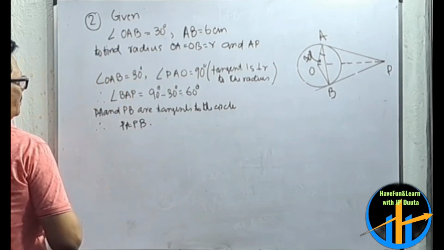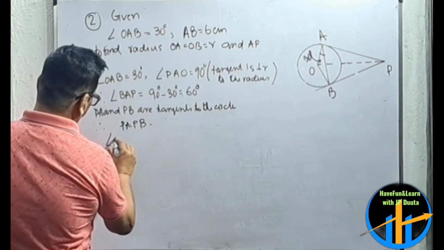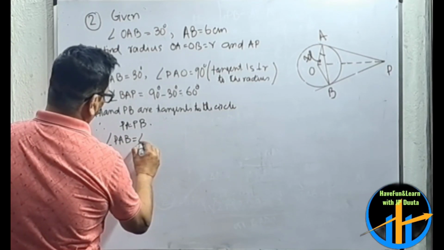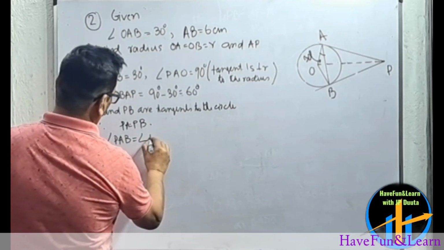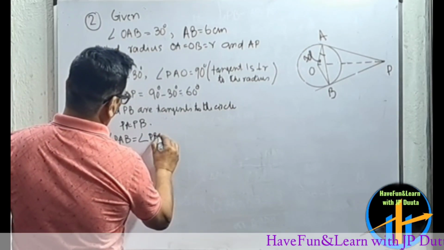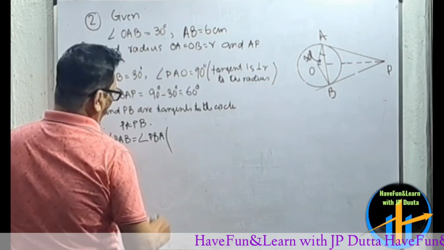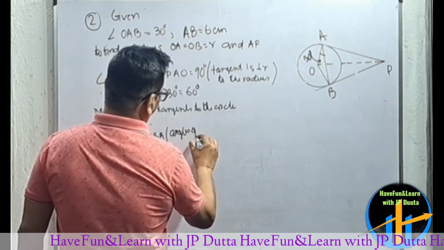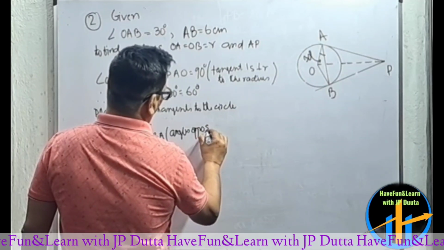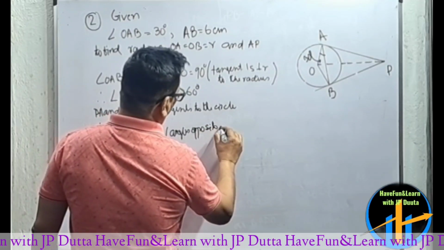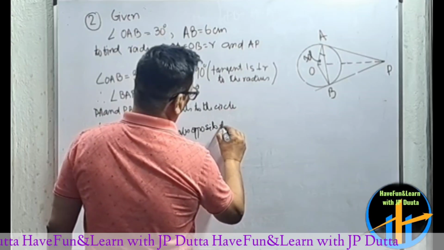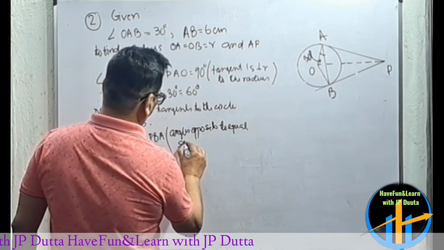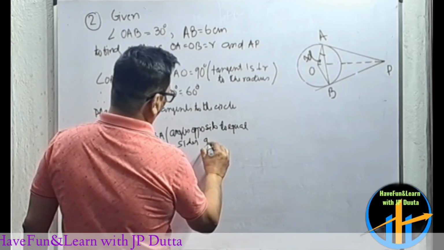If that is so, then angle PAB is equal to angle PBA. Angles opposite to equal sides are equal.